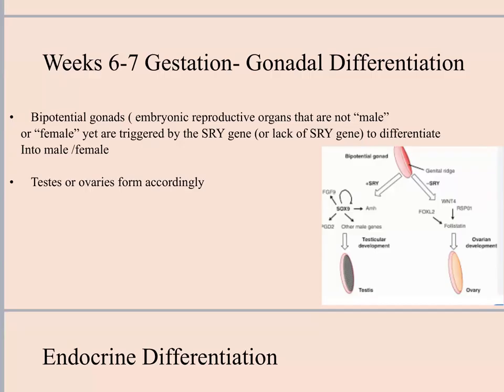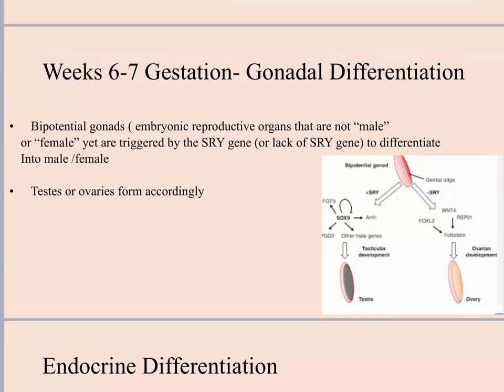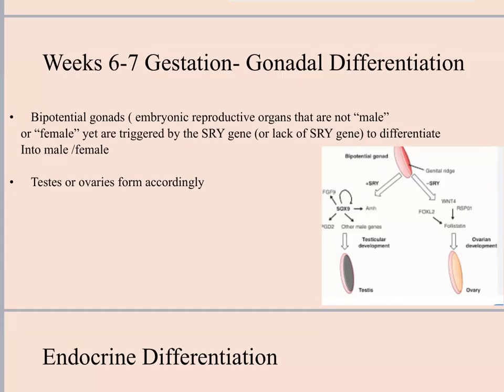And it's that "sorry" gene or lack of the "sorry" gene. I don't know if it's really called that. I'm just going to keep calling it that because it's just easier to say. And it's a little funny to me too. To differentiate into male or female. And based on the presence or absence, at 6 to 7 weeks of gestation, either testes or ovaries are going to form.